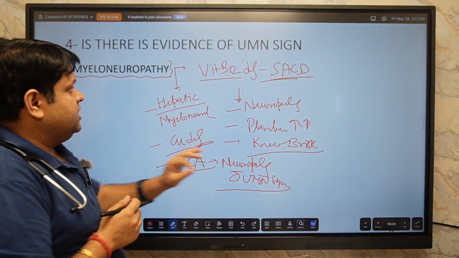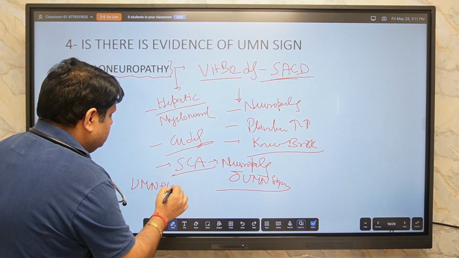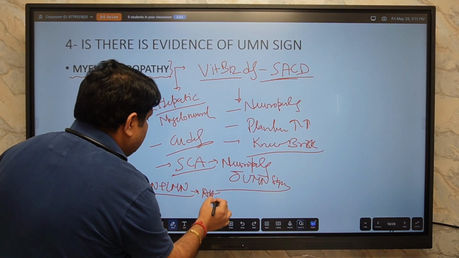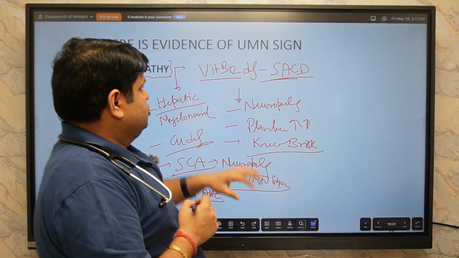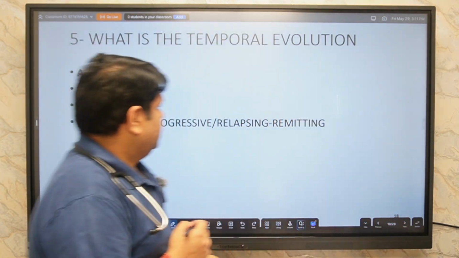If there is fasciculation, and both UMN plus LMN signs, then we think about anterior horn cell disease or a motor neuron disease like presentation. So this is the approach if there are UMN signs.